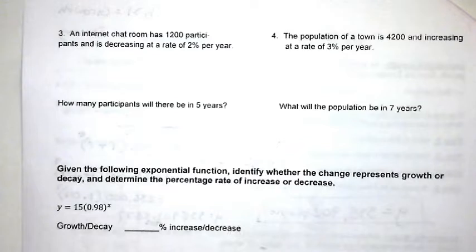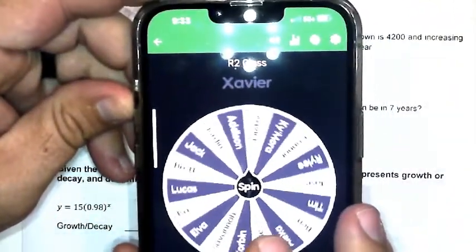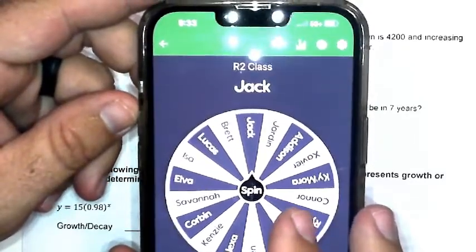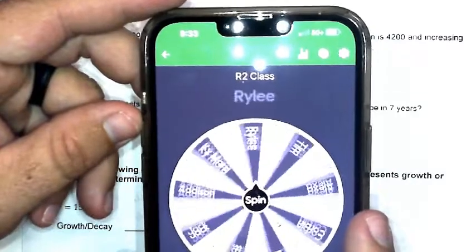Time for the Wheel of Not Ideal! Oh, where's the sound? He's in the restroom. Isa!